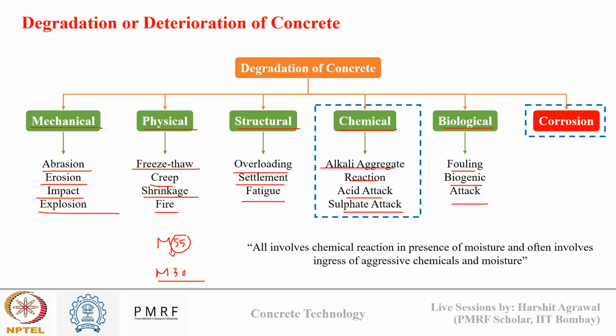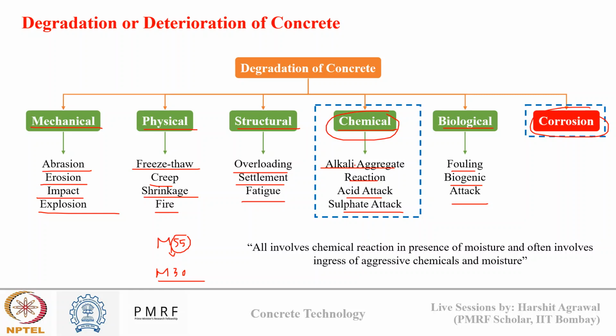Now both these categories, chemical degradation and corrosion, involve the presence of moisture as a key agent contributing to the ingress of chemicals and aggressive ions. The lower the permeability of concrete, the better the resistance to aggressive environment.